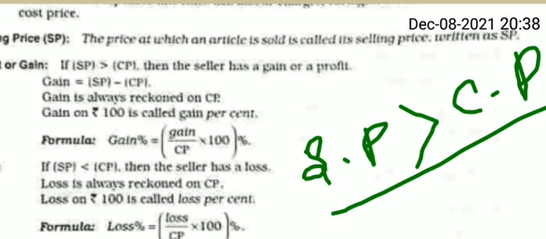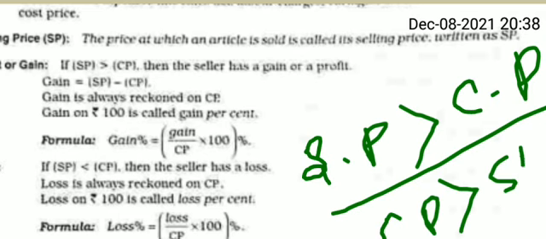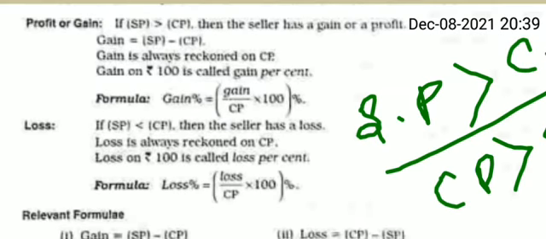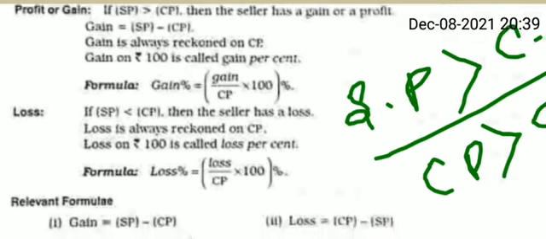Okay, on the other hand, when the cost price is greater than the selling price, at that time, students, you will get loss. I am repeating, when cost price is greater than selling price, at that time you will get loss. Okay, so this is the profit and loss.